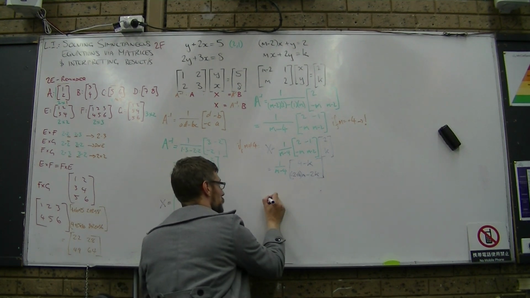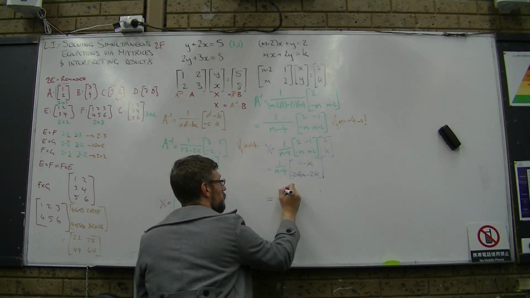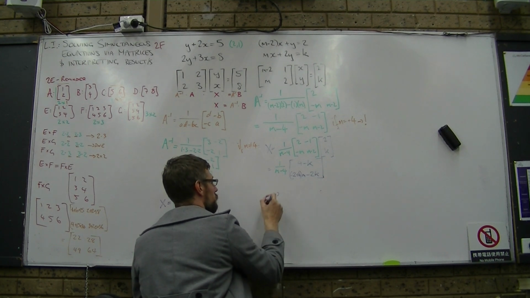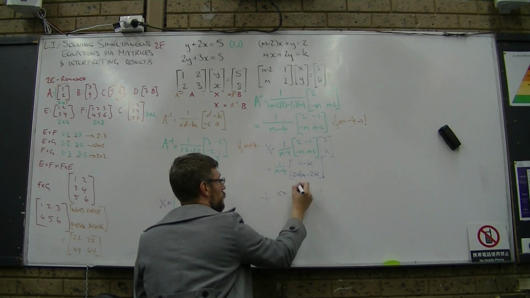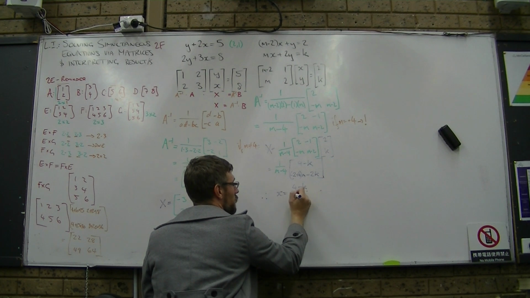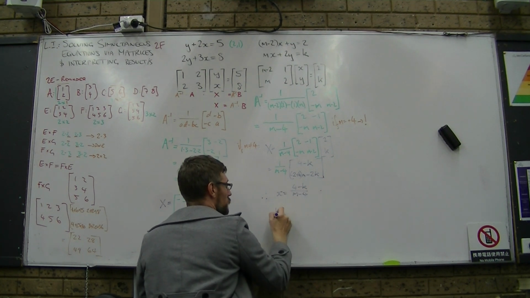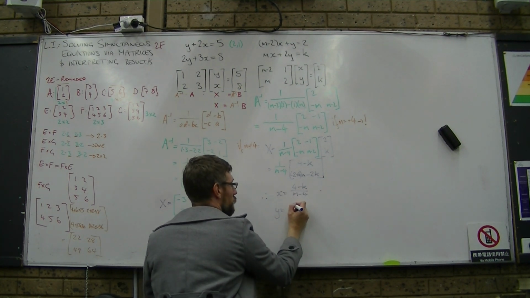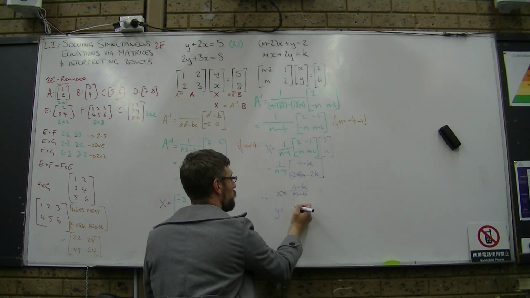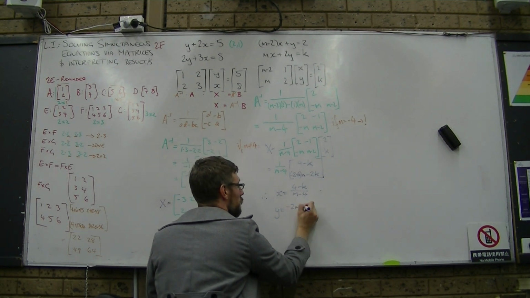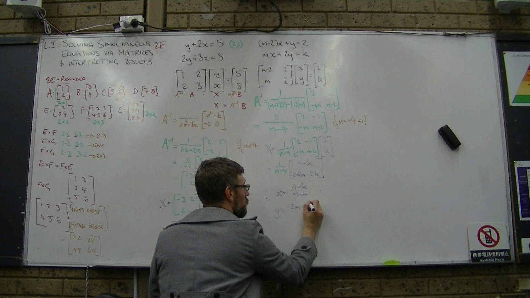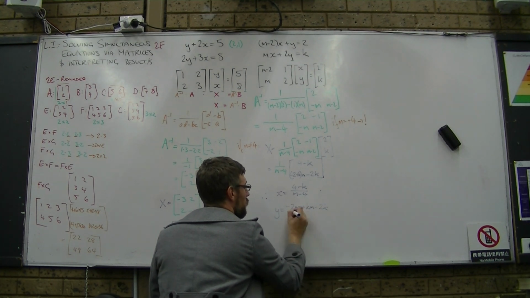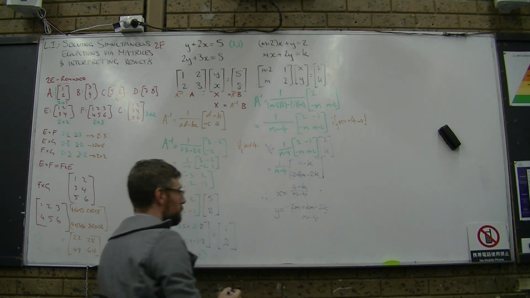Alright. Now we'll expand it out. So I get, therefore, x equals 4 minus k on m minus 4. Y equals, can we split this up a bit? We'll split it up like that, plus minus 2k all over m minus 4.